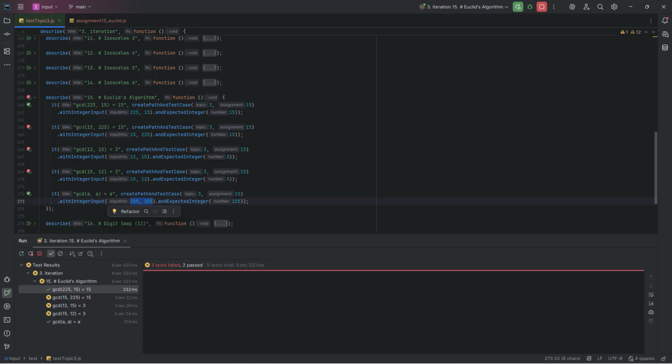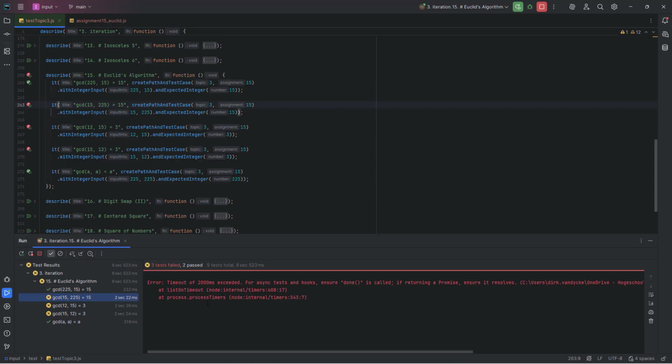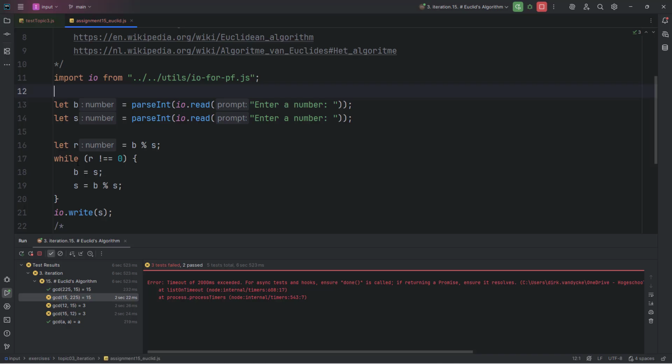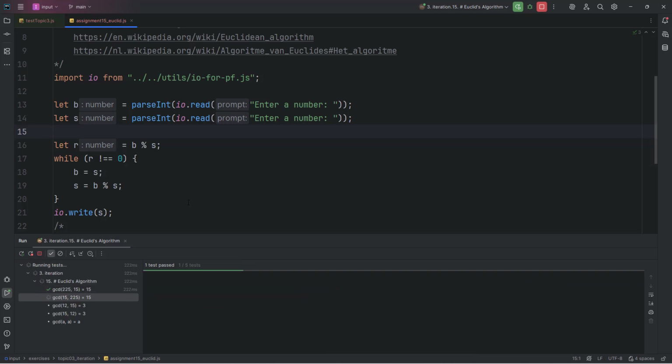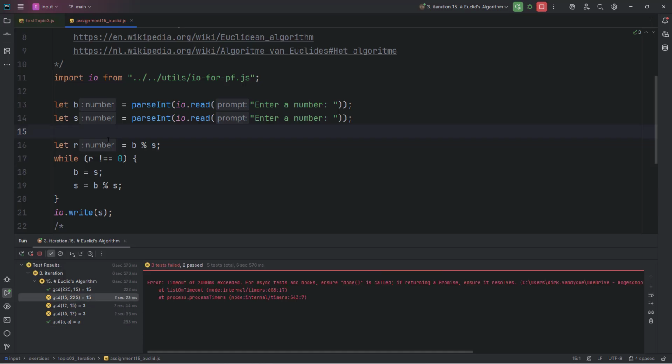But now let's see what's happening with these. That's a timeout of 2000 milliseconds. So something must be wrong here. Let's see. Okay, so this is a good opportunity to show the debugger once more.